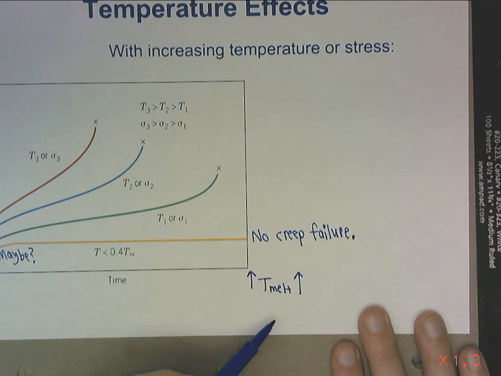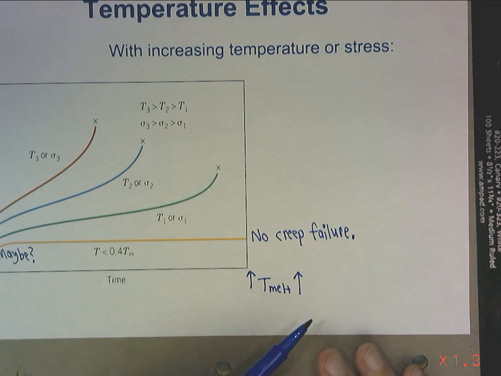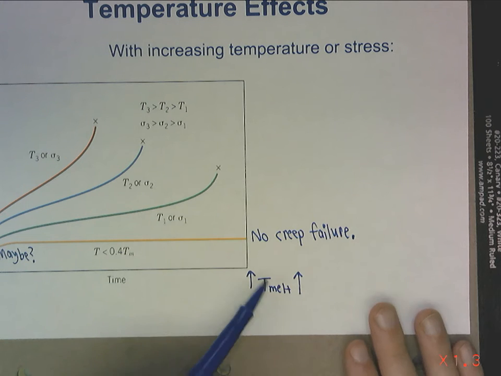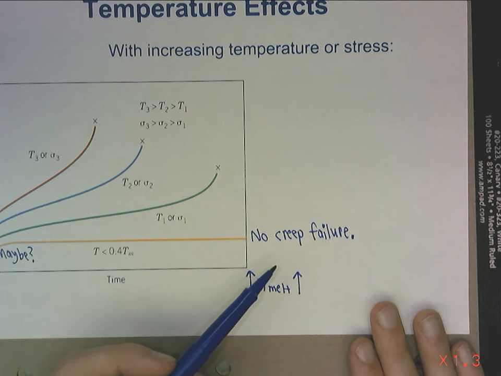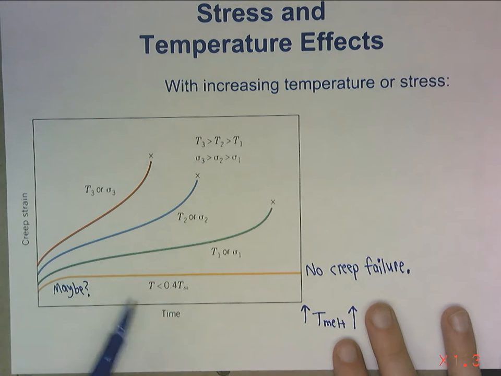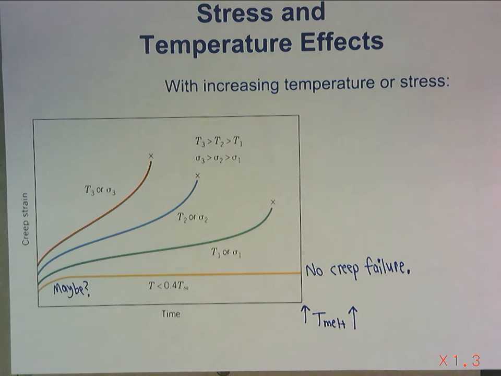Well, now 40% of T melt goes up because it's just a percentage, right? So we increase melting temperature, then 40% of it also goes up with it, and now we resist creep at higher temperatures. That's a lot of the ways that we resist creep failure, is by trying to increase melting temperature. We'll talk about that some more later.